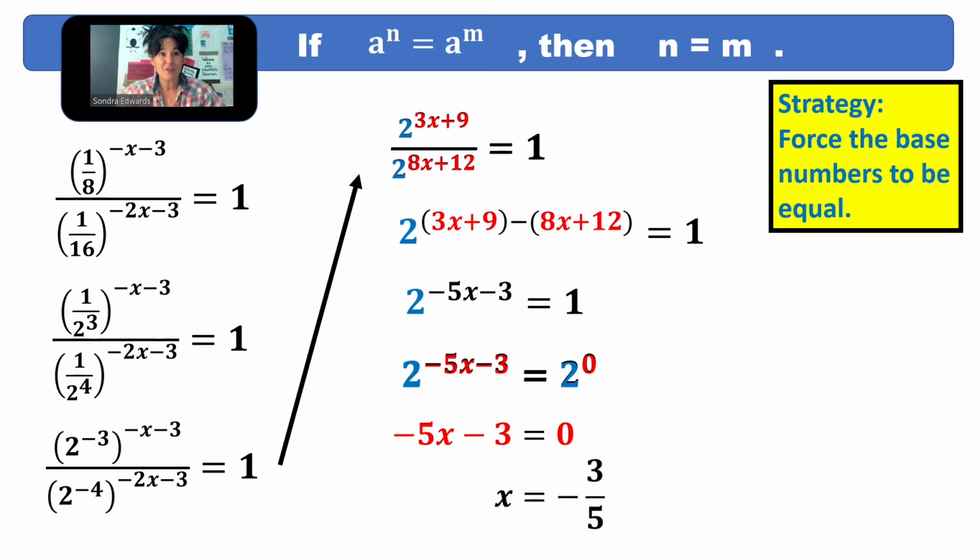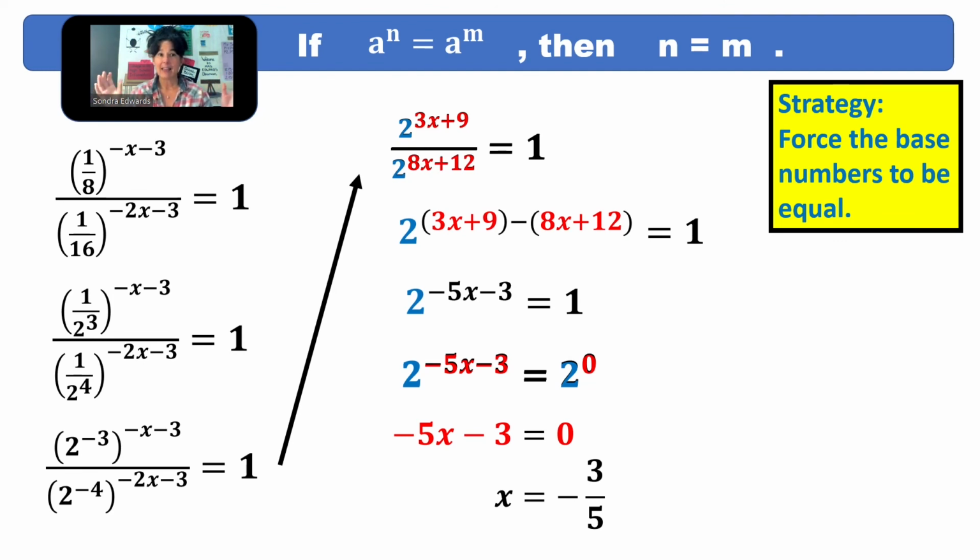There are so many ways for you to force those bases to match, and it's all right if you do it differently than someone else. As long as you have applied those exponential properties correctly, you will end up with the same answer.